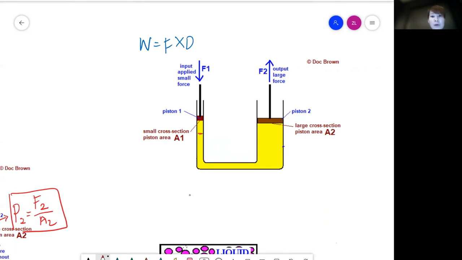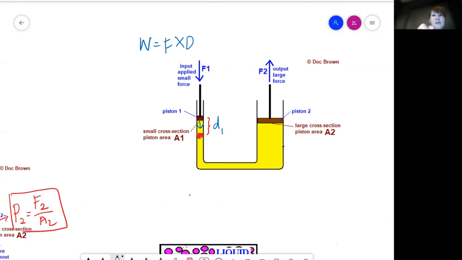If I were to draw, this will be the new position of piston 1. Piston 1 would have covered a particular distance, let's call it D1. So when I apply a force, piston 1 will definitely move downwards, and we say work is done.